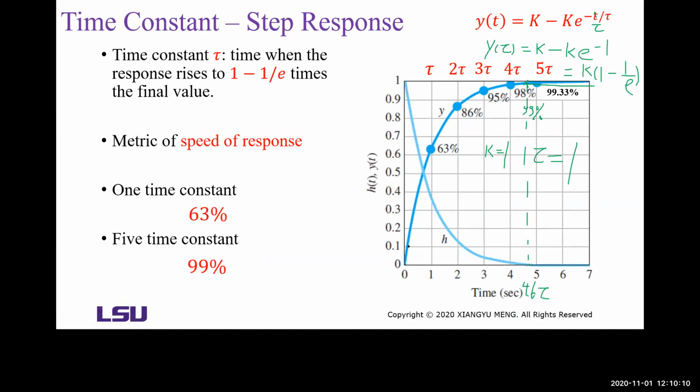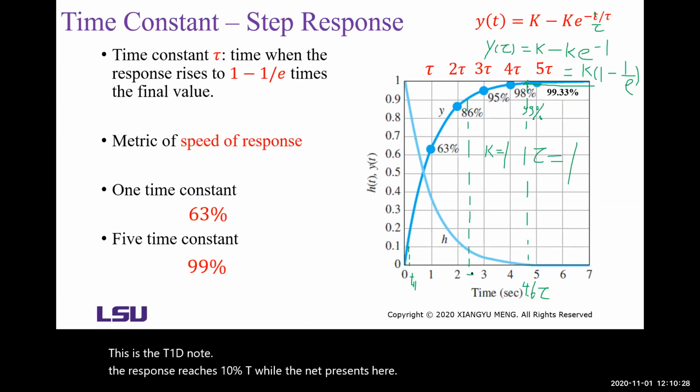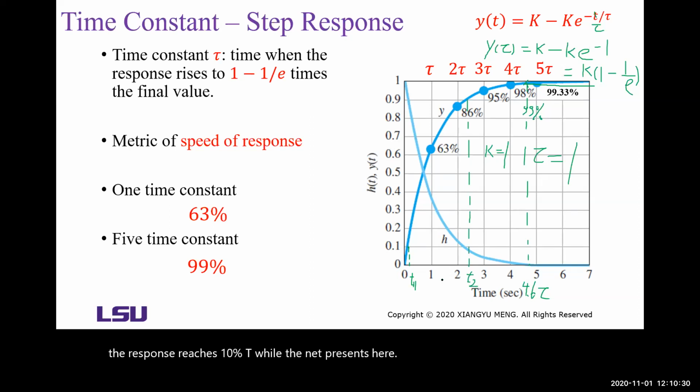So here is 10%. Let's denote when the response reaches 10% as T1. So 90% is here, T2. Then the rise time is defined by T2 minus T1.